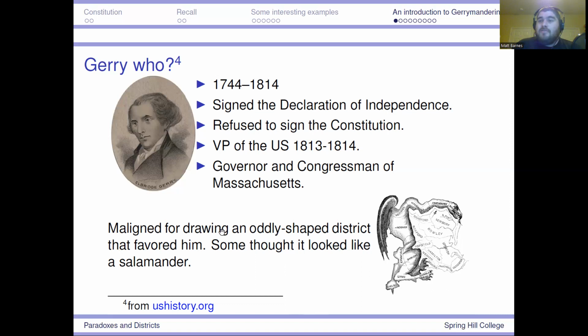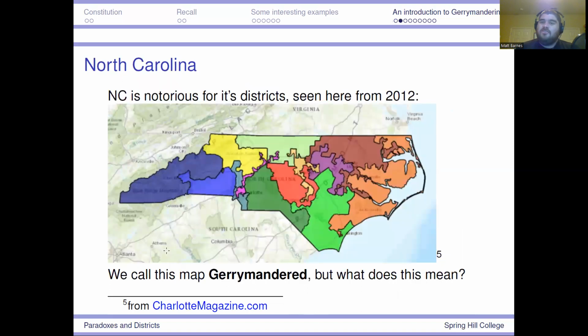And dragon-like at the time was compared to a salamander. So they decided to call this district the Salamander, and that portmanteau of Gerry and salamander, or gerrymander, kind of stuck after that to represent any weirdly drawn district that had a certain political advantage to it.